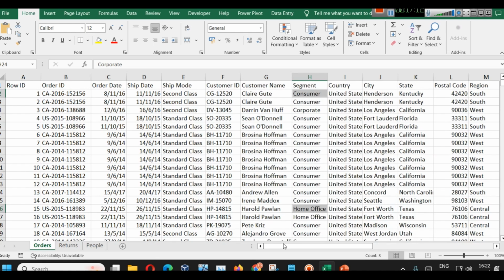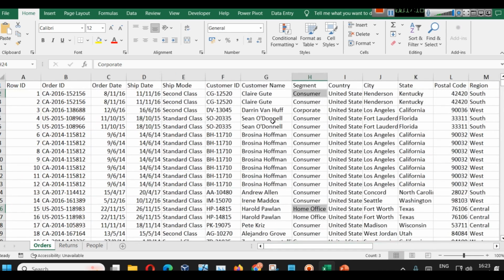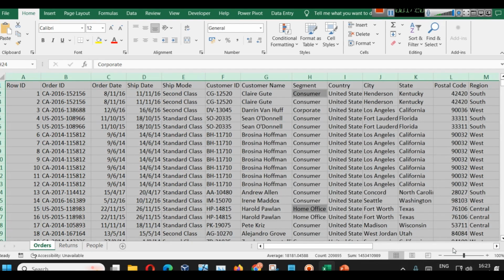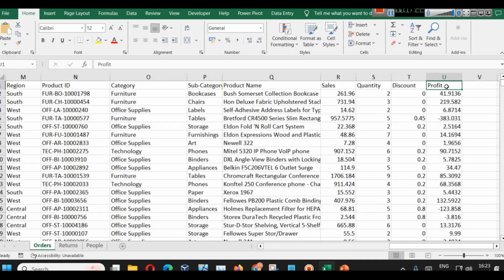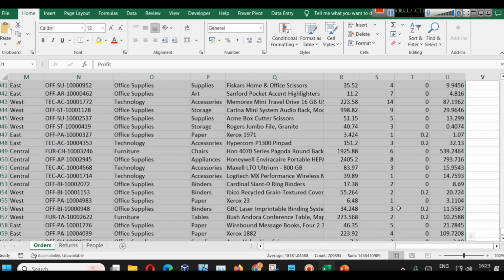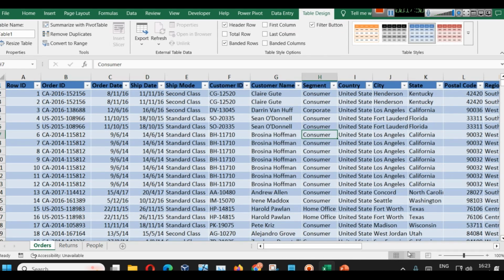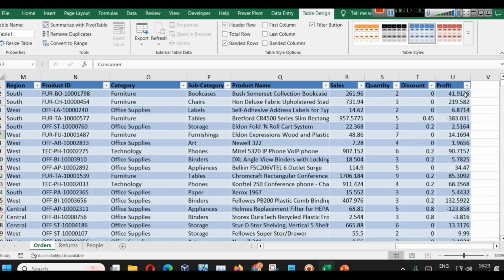You will take them and sum profit for these three segments, right? So you will apply some kind of filter here. We can select this data, press Control T in Excel, you know that, right? And it will create a table for us.